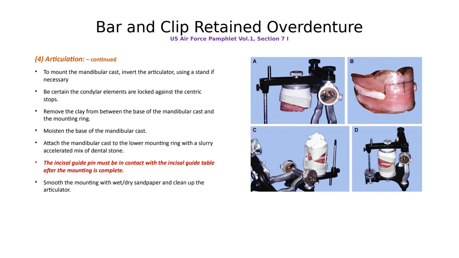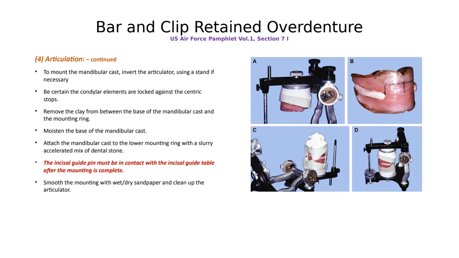So the mounting should be done very carefully. And also when we mount the lower to the upper, we have to make sure that we insert the pin in the articulator and the pin is set in that position and is not moved anymore after the mounting is done. Important, of course, is that the pin is touching the table.